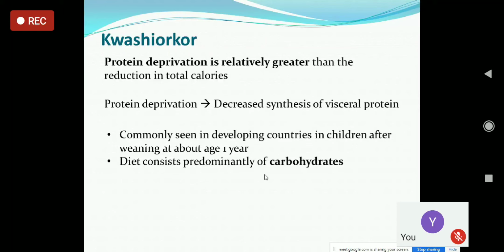This occurs in children. So when children do not get enough protein in the diet for a long time, the result is kwashiorkor. When there is protein deprivation, there is decreased synthesis of visceral protein.